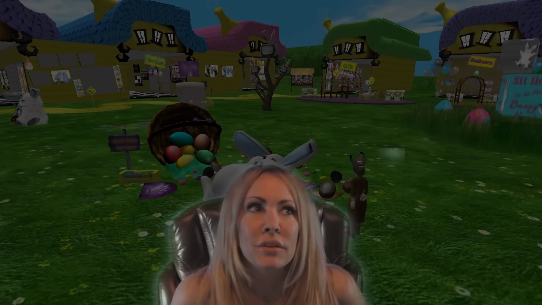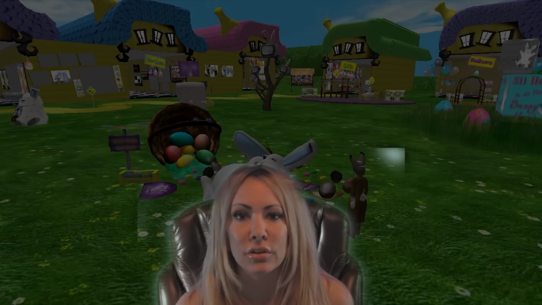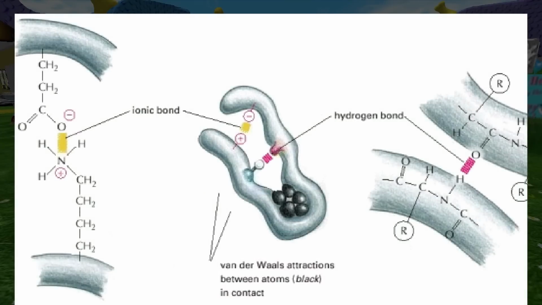Now there are different kinds of bonds in protein folding, and as we go over the secondary structure and the tertiary structure, we'll hit on exactly what's going on. But let's just look at a diagram where we can see the different kinds. We have ionic bonds, these are non-covalent. The hydrogen bonds come into play everywhere, not only within the protein, but with the protein and the aqueous environment that it's interfaced with.